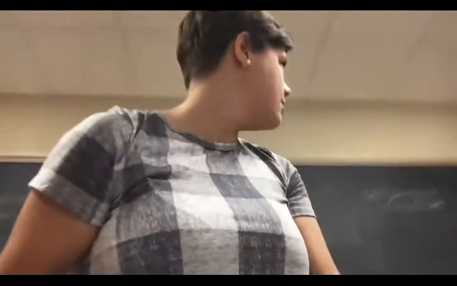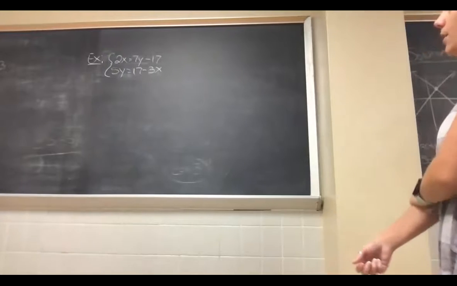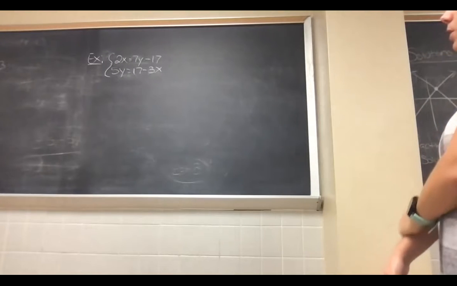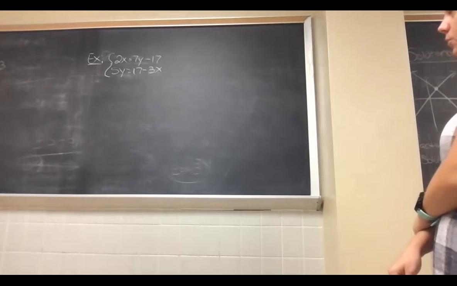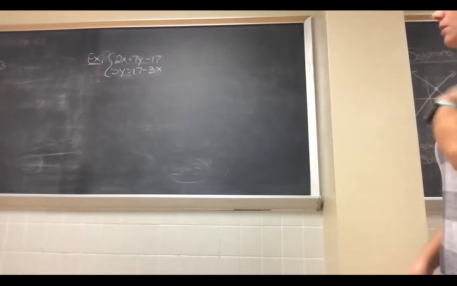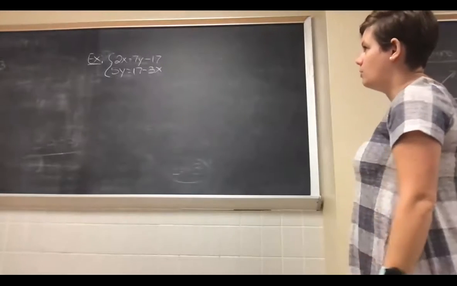Let's do another system of equations using the addition method. We have 2x equals 7y minus 17. And then we have 5y equals 17 minus 3x. So the first thing is we need to get our x's and our y's on the same side.